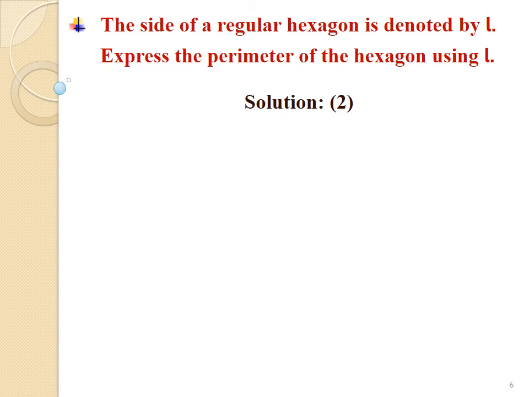So now let us solve sum number 2 and write the perimeter of a regular hexagon.